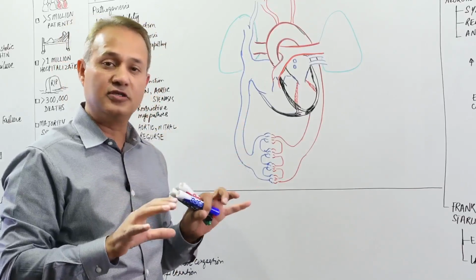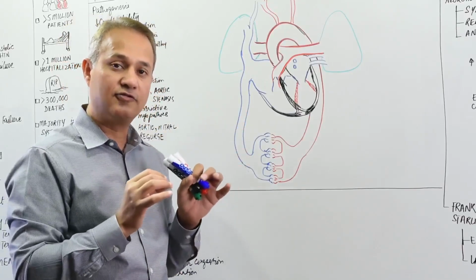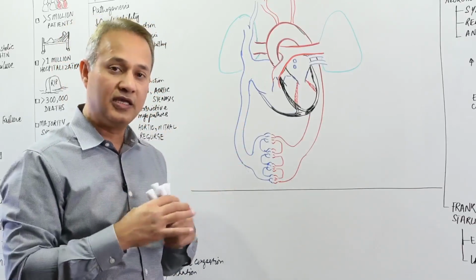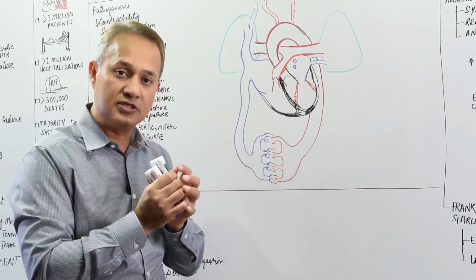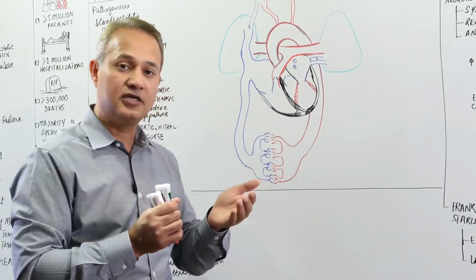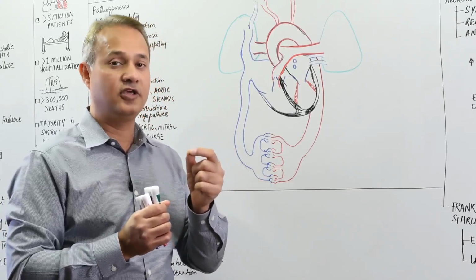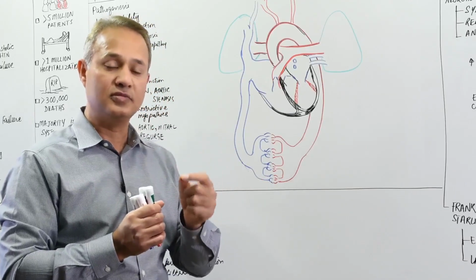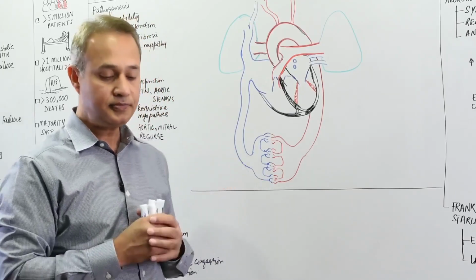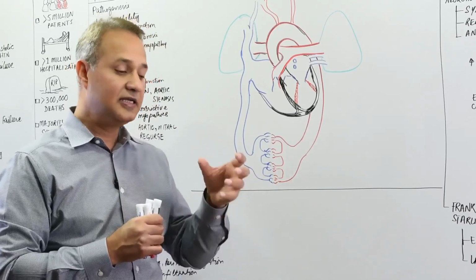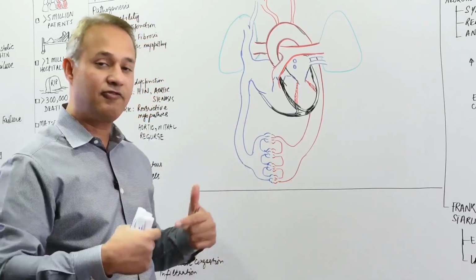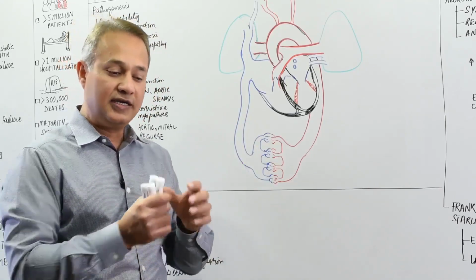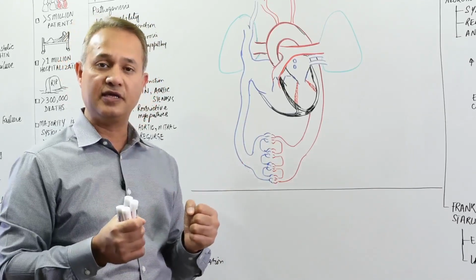Systolic dysfunction, or systolic heart failure, means that when the ventricle contracts, when it squeezes, it cannot eject the right amount of blood volume that it should eject. That is a systolic failure. Systolic function is not working. There is diastolic failure as well, where diastolic function is not happening correctly.